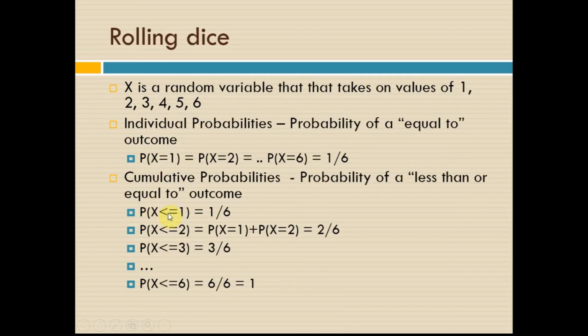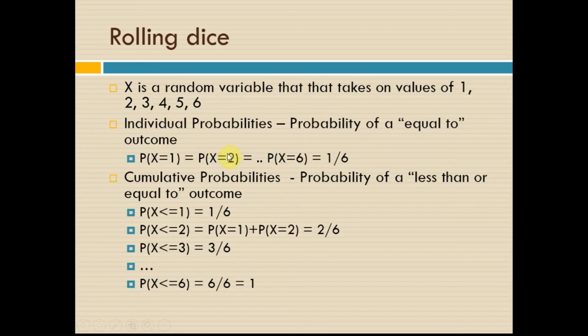Since we can't roll a 0 using a die, they happen to be the same. The probability that you're going to roll a 1 or less is 1/6, because the only thing you can get is 1. But look at the difference for 2. The probability of rolling exactly a 2 is 1/6.